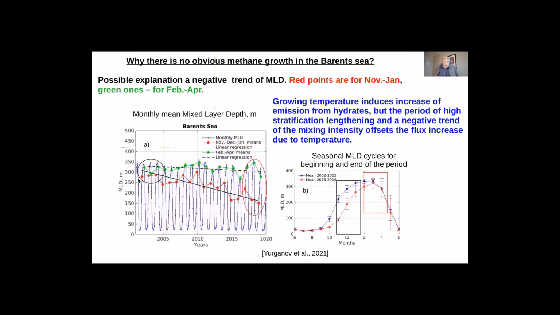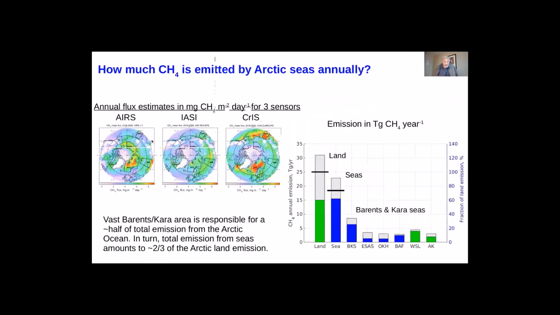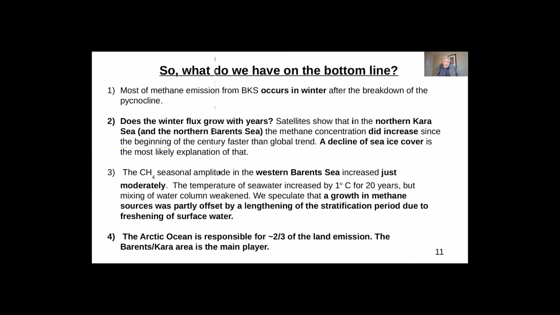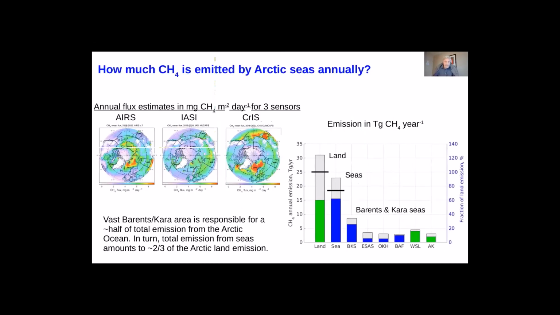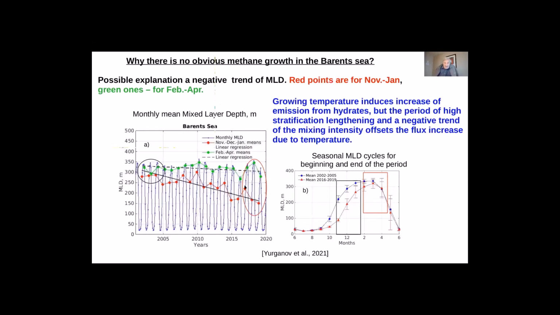So it is explained by these seasonal cycles for the beginning and end of the period, which are shown here, and we see that the seasonal cycle of MLD shifted from left to right, from the beginning to the end of this period.